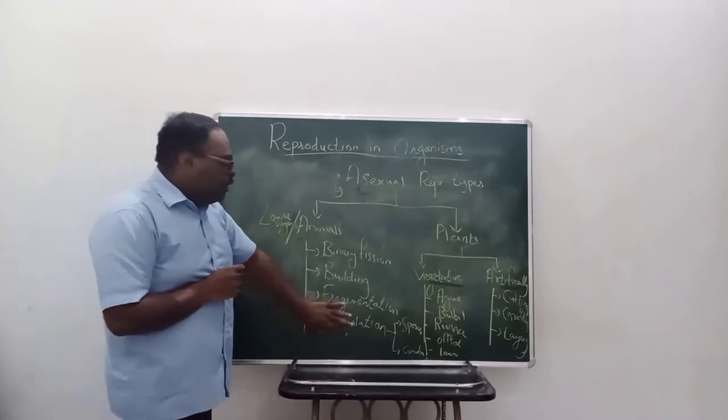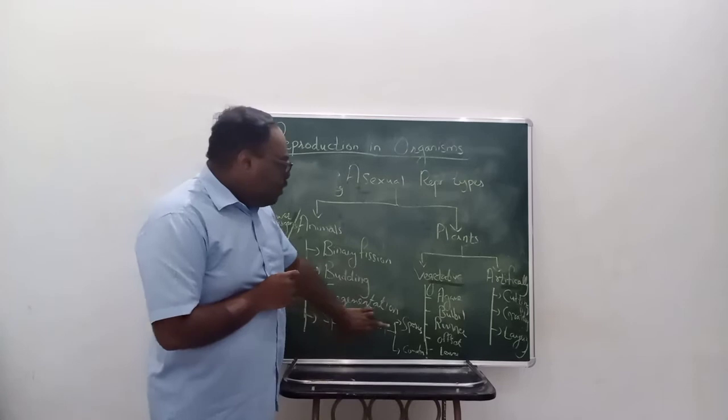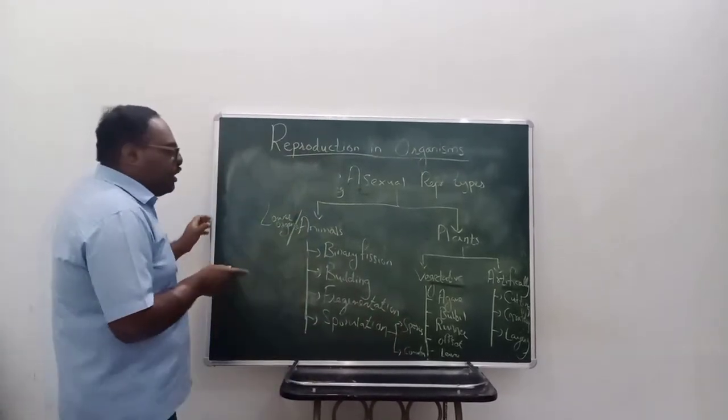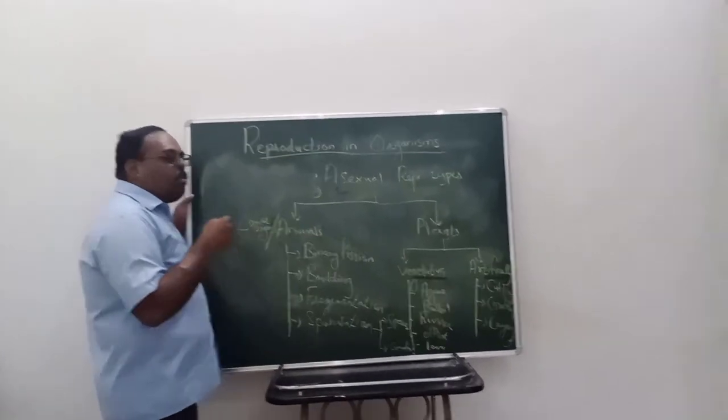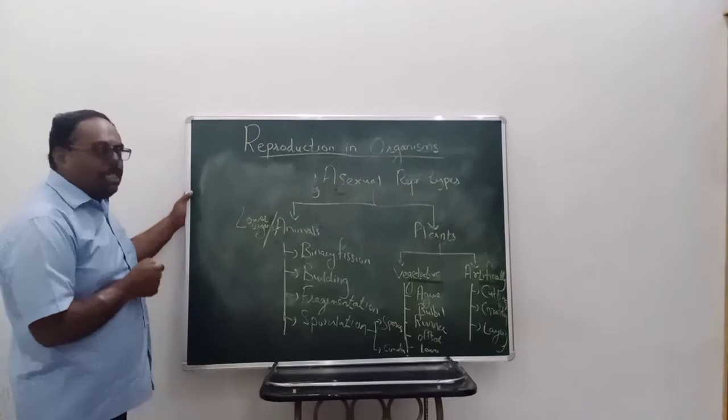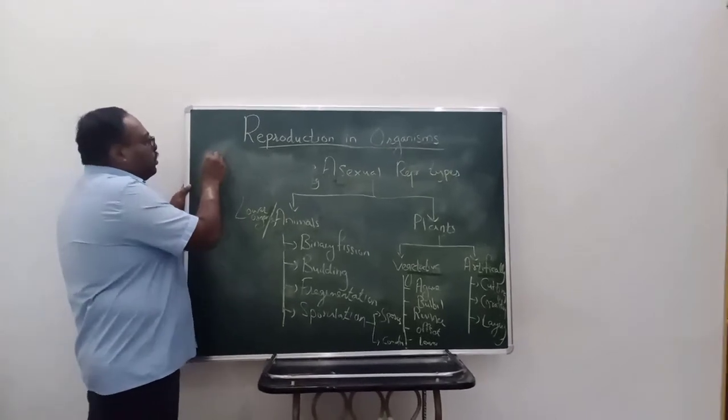In sporulation, there are two kinds: one is spores and one is conidia. Sporulation can be divided into these two. For example, Penicillium forms conidia.